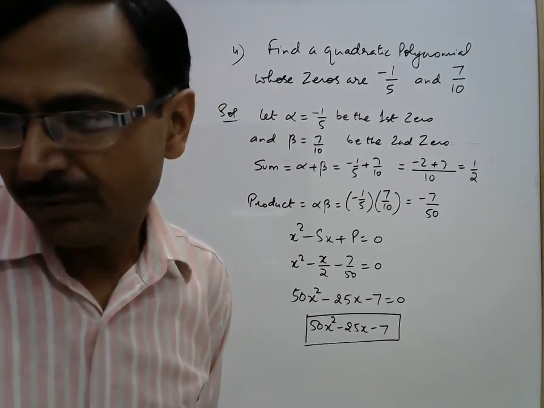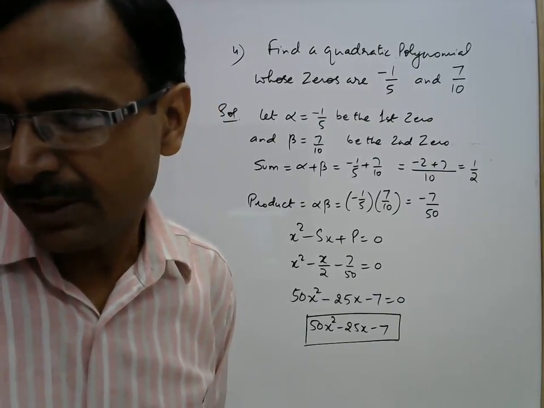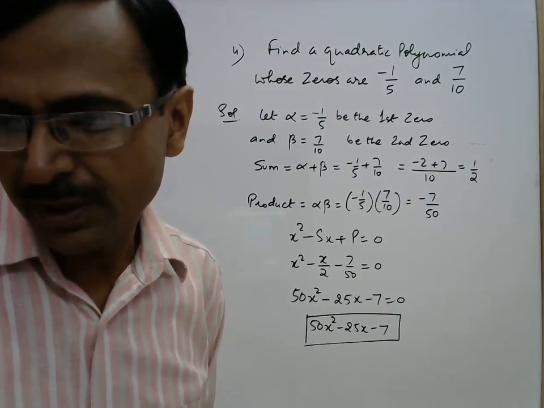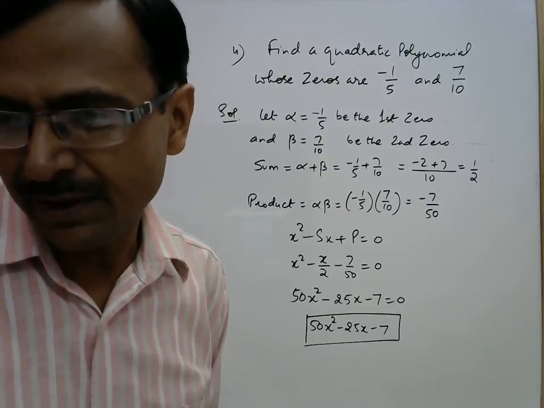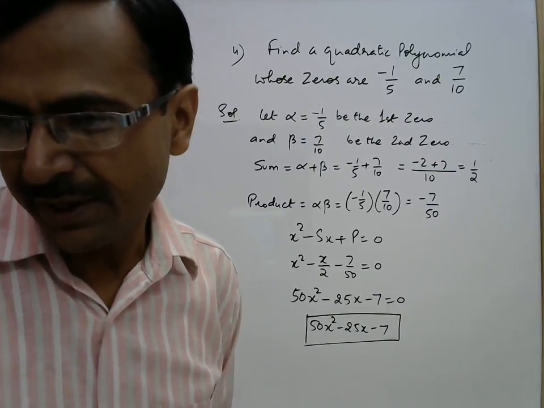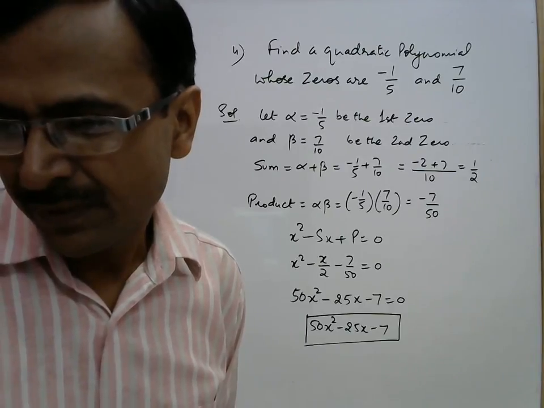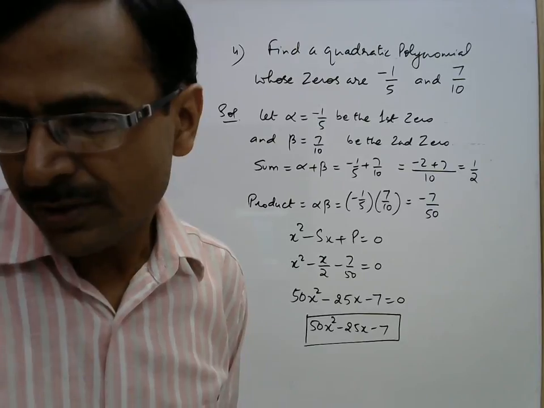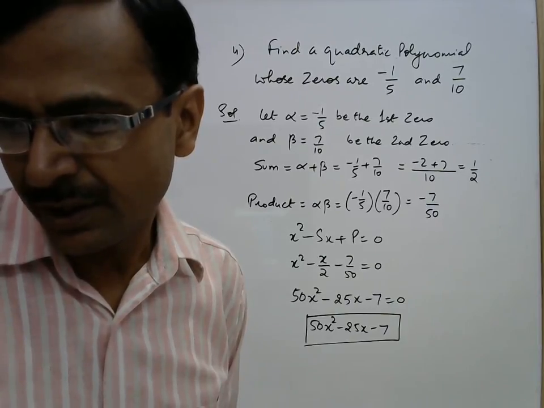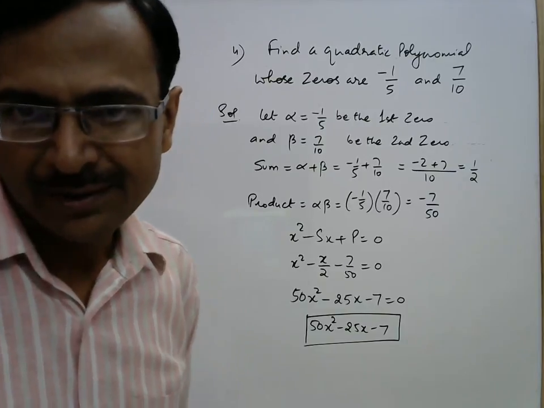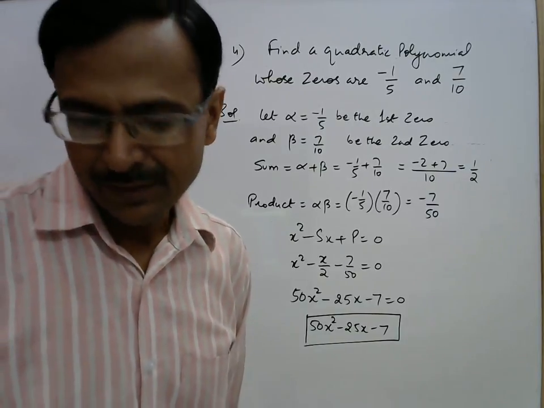Good. Vidhi, Mandeep, Varsha, there should be an x with that 25 which you have written in the middle. 50x square minus 25x. Surendra, 45 is not right actually. Yeah, okay, that is 50. That's great. Yeah, so many right answers.